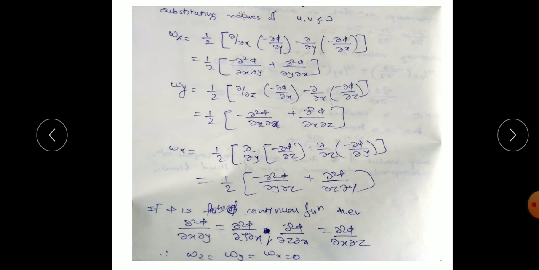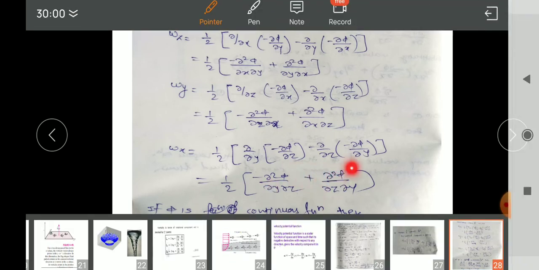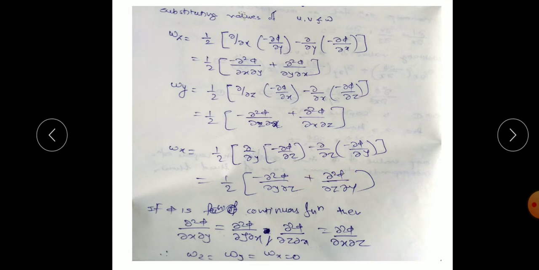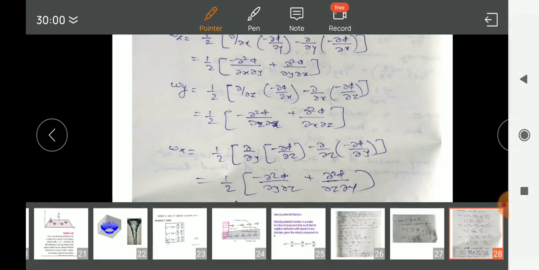Now if you consider here, in the denominator there is ∂y∂z, and here ∂z∂y. If we consider φ a continuous function, then these two values, ∂²φ/∂x∂y and ∂²φ/∂y∂x, will be equal.